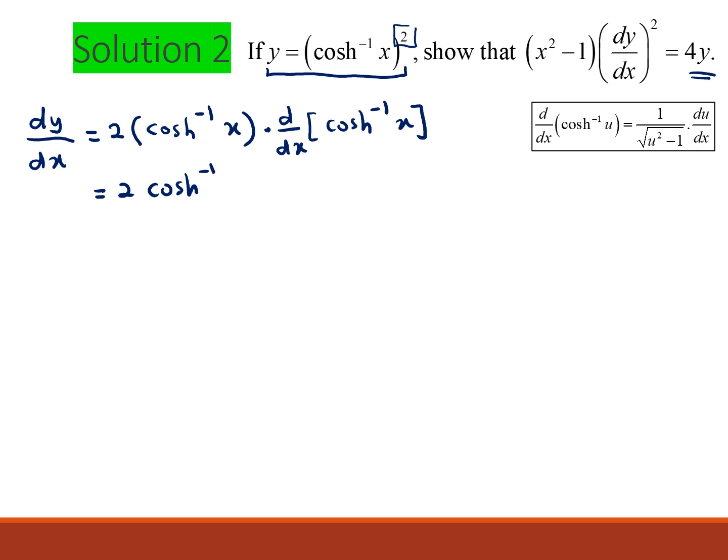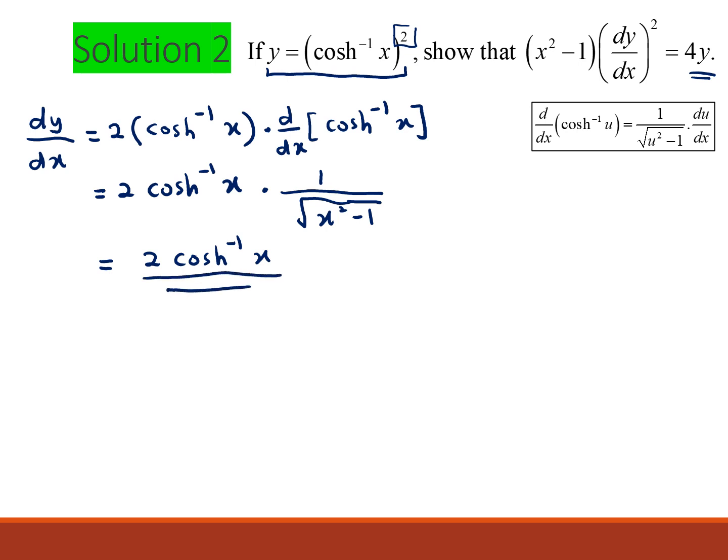So we rewrite this. And then from the formula given, the derivative of inverse cos hyperbolic of x is equal to 1 over square root of x squared minus 1. So we simplify this. So we get 2 cos hyperbolic inverse of x over square root of x squared minus 1.